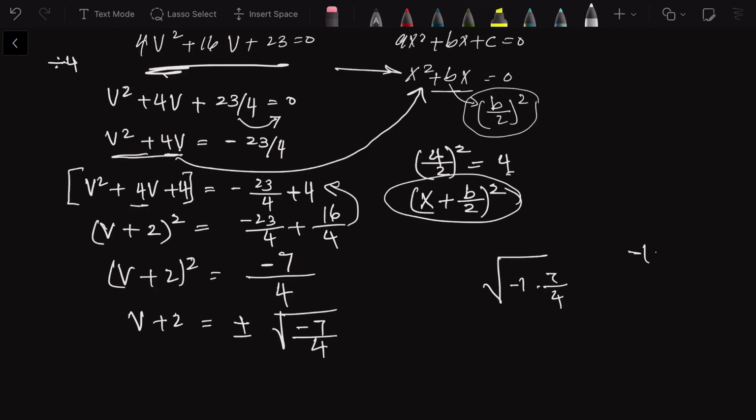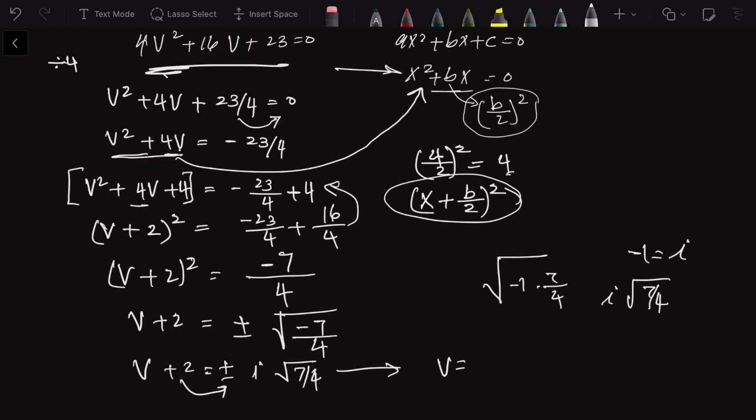Minus 1, we know the square root is i, the imaginary part. So we're going to get i times the square root of 7 over 4. So v plus 2 equals plus or minus i times the square root of 7 over 4. And then further simplification: v will equal, we move the 2 to the other side, so it will be minus 2 plus or minus i times the square root, we can take the 4 out of the root, of 7 over 2.